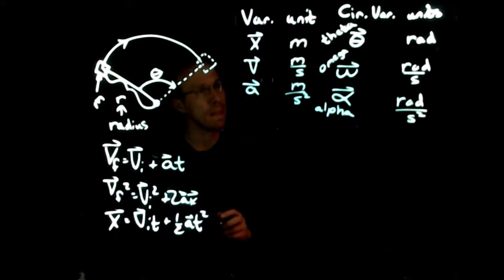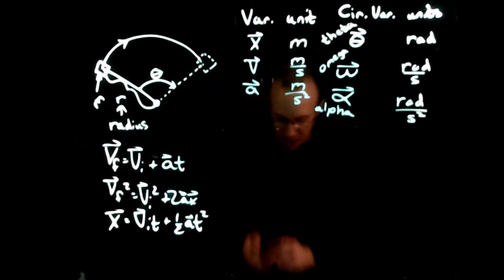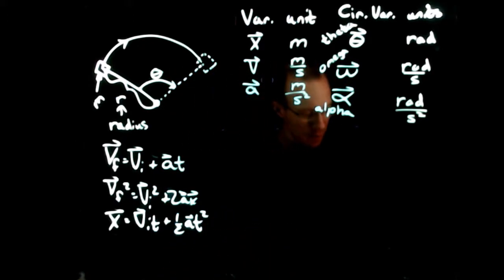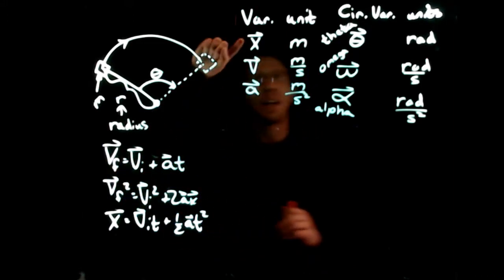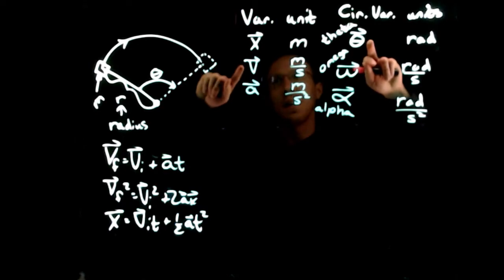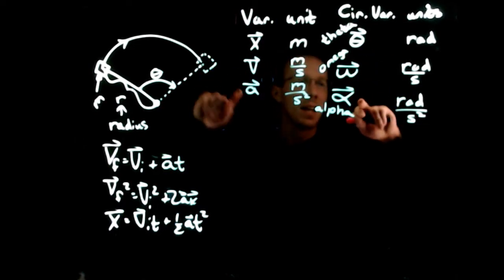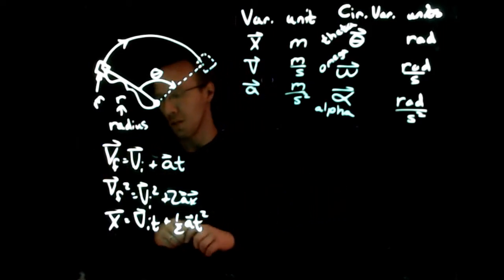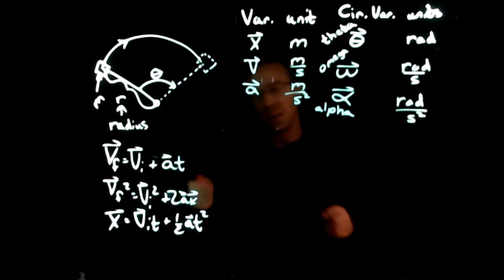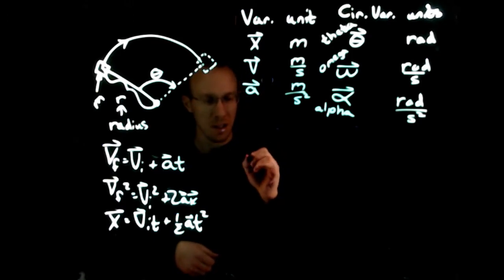Now what I want to do is take my kinematic equations, and anywhere where I see x, I'll put theta, v, omega, a, alpha. And then we're going to have our new equations for circular motion. Now, these aren't the only ones, but for now, these are the ones we are concerned about.